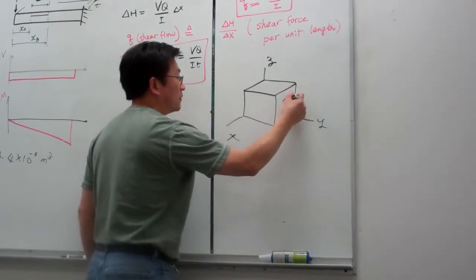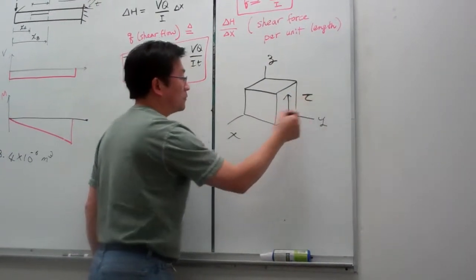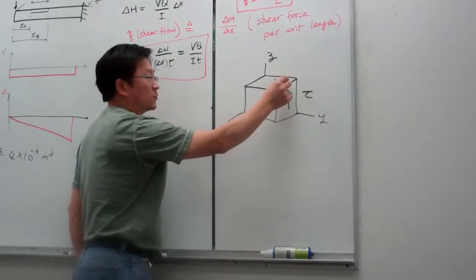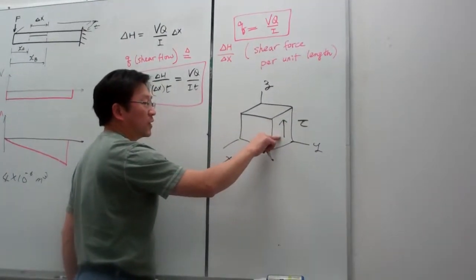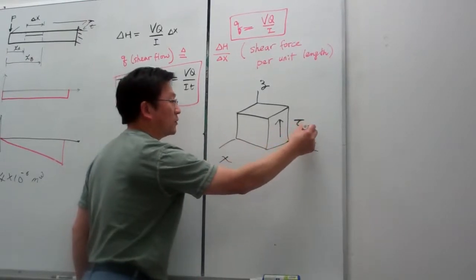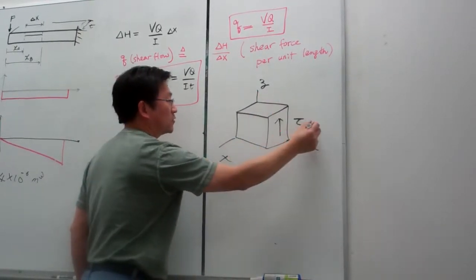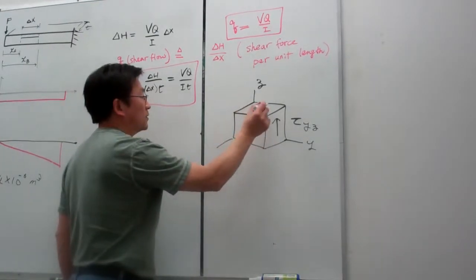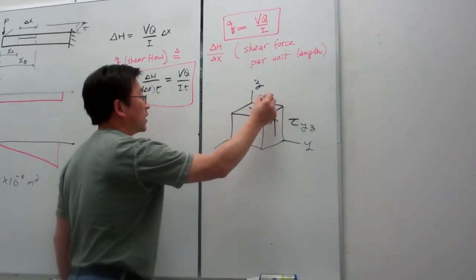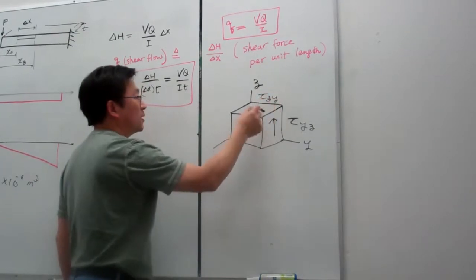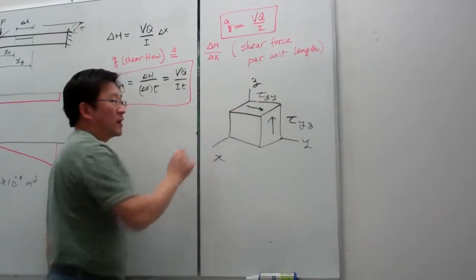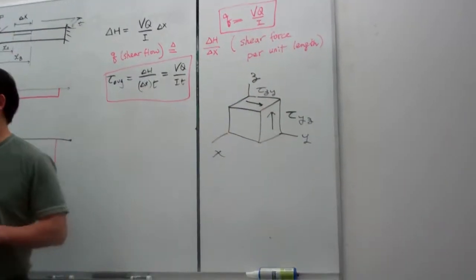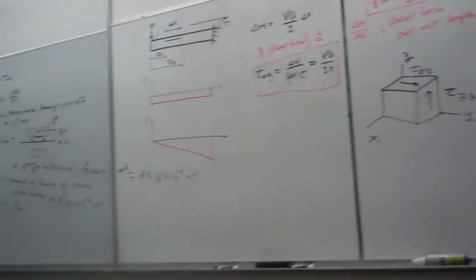For example, here, this is tau acting in a y plane. This plane has the normal to y, pointing to the z direction, so there's a tau yz. And for this component, this is tau in the z plane pointing to the y direction. They have the same magnitude, but they are not the same entity. The same concept applies here.